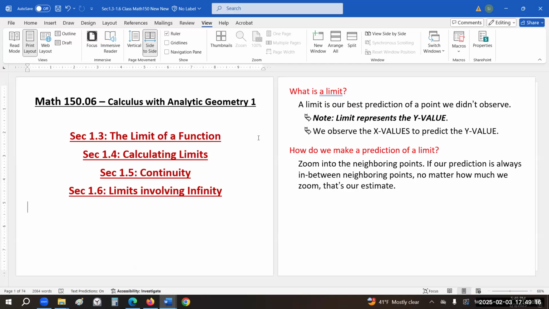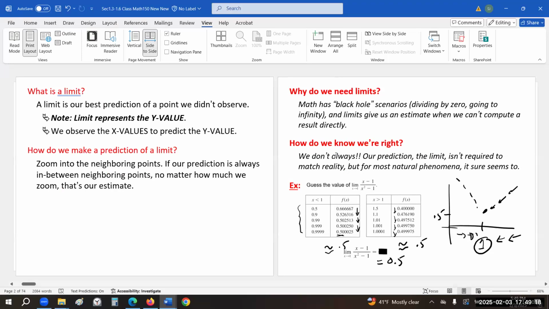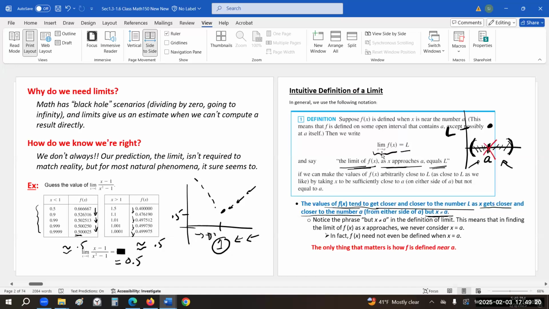Okay. So in our last class, we talked about what is limit and why do we care. So limit is the y value, okay? We look at a smaller neighborhood around some x value, and we see around that neighborhood for the x values how y are changing. Is y going toward a specific number, or they're going toward different numbers?